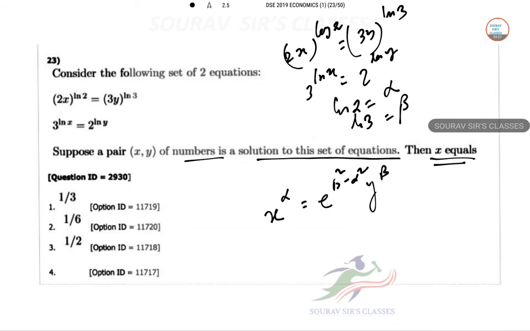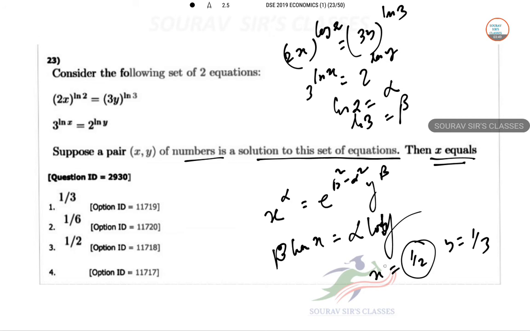And the other equation is beta log x equals alpha log y. Now solving this gives us x equal to half and y equal to 1/3. So x equal to half is the answer, so C is the correct answer.